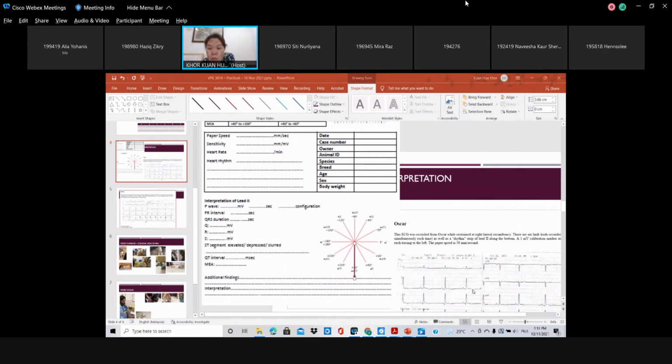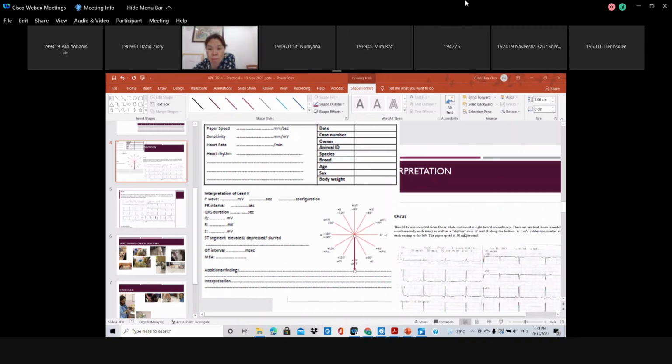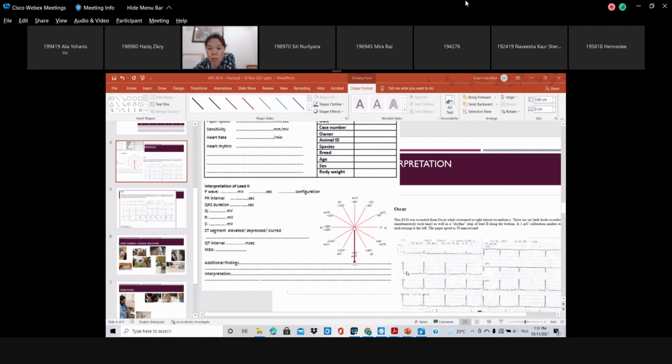If you look at all of these six leads, lead 2. Then after that you'll be thinking, just now you said isoelectric, then perpendicular, you get this one. So you are also right. It's going to be in lead 2. So no matter what it is, whether it's here or here, you are still right. The mean electrical axis is still between the AVF and the lead 2.